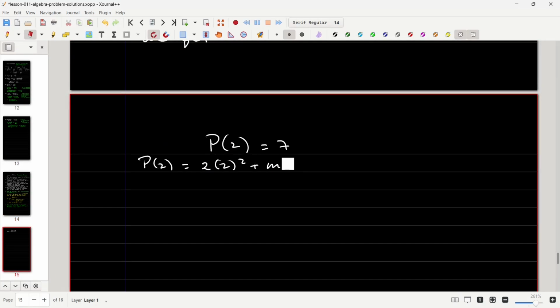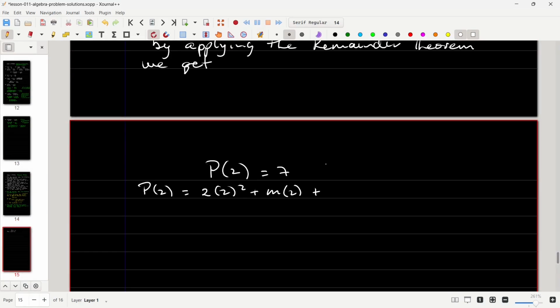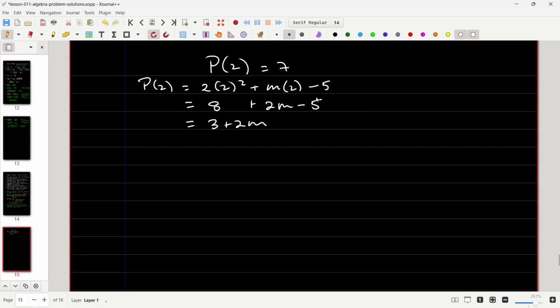So I'm replacing this x with a 2, and then minus 5. All right, and that would mean we have 2 into 4 plus, well, I should just put that as 8, and then this is 2m, and then minus 5. And this here simplifies to 3 plus 2m. So P of 2, which is equal to 3 plus 2m, is equal also to 7.